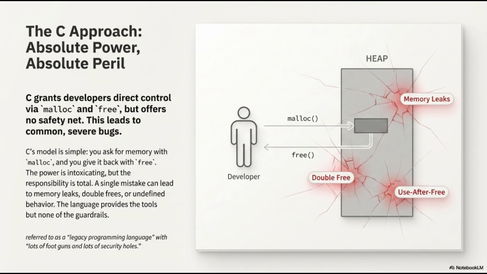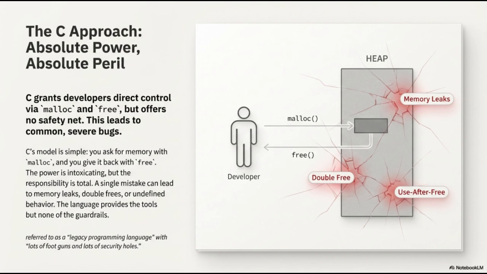The C approach to memory management is characterized by a philosophy of absolute power accompanied by absolute peril. By granting developers direct control through the use of malloc and free, the language provides maximum flexibility but lacks a fundamental safety net. The model itself is straightforward. You manually request memory and are then solely responsible for its eventual release. However, this total responsibility means that a single mistake can result in critical bugs.